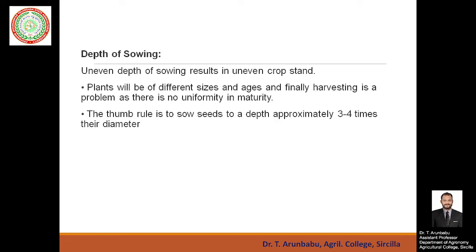So coming to the depth of sowing, uneven depth of sowing results in uneven crop stand, and it also reduces the crop yields. So plants will be of different sizes and ages, harvesting is a problem, and there is no uniformity in maturity because of the uneven depth of sowing. So the thumb rule is to sow the seeds to a depth of approximately 3 to 4 times the seed diameter.